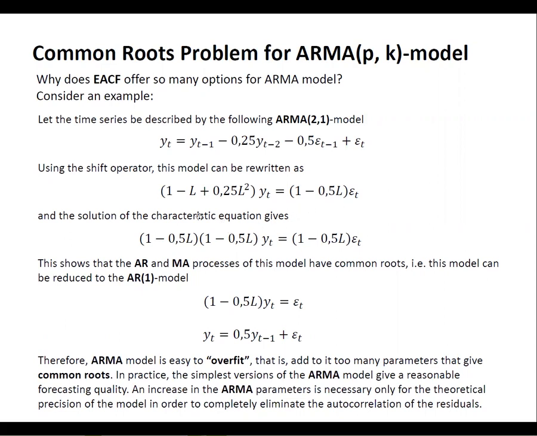The solution of this characteristic equation for autoregression gives us two roots of 0.5. Accordingly, we have the same thing on the left side and the right side. That is, these roots in the autoregressive part and in the moving average part of this model are common.